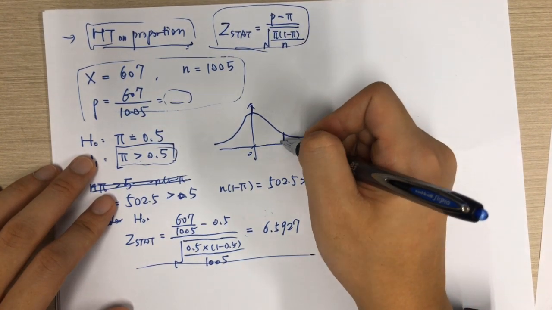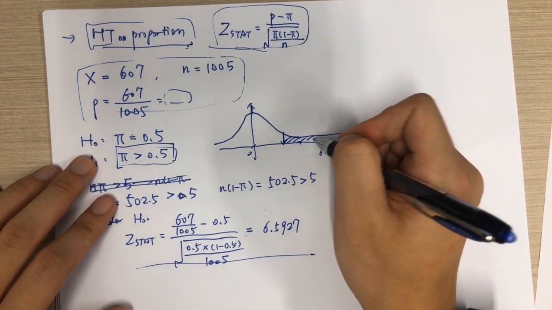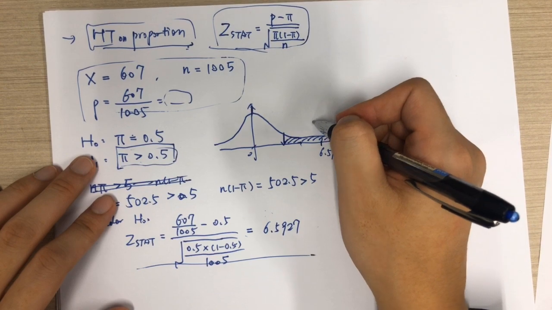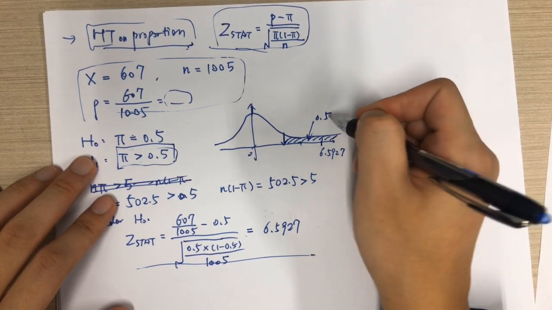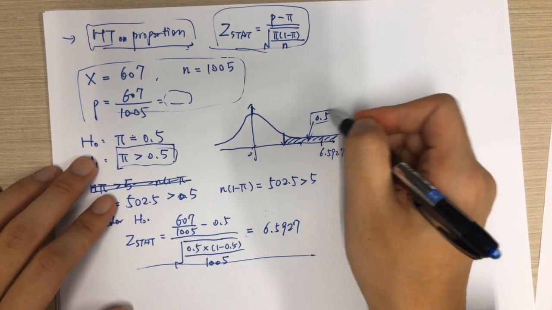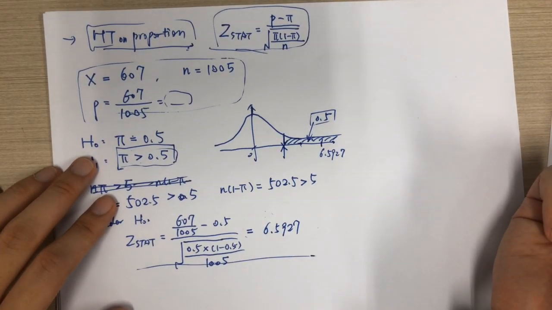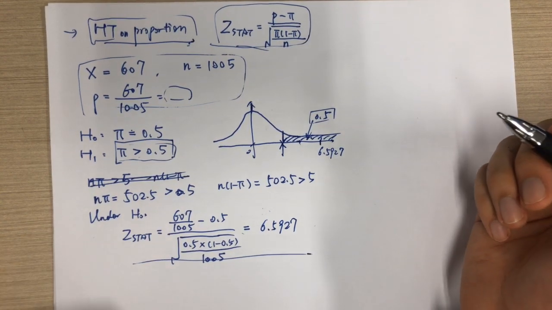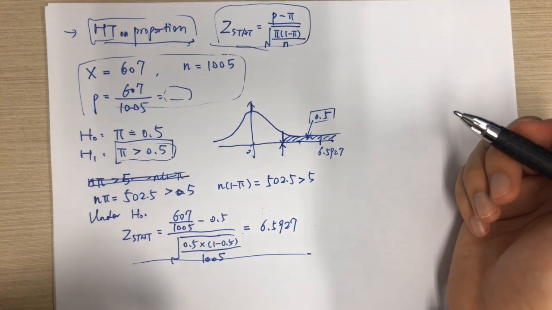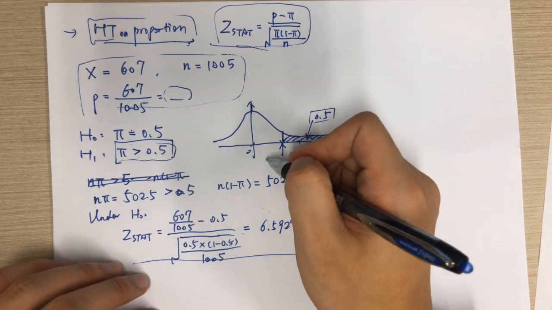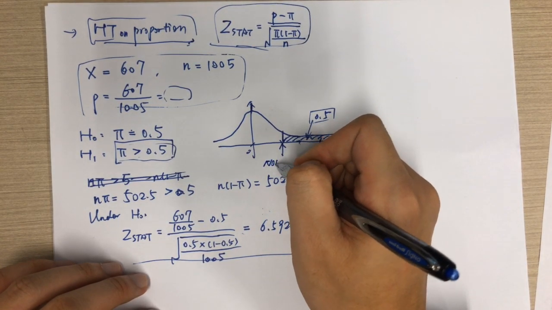So we need to find the critical value over here. So we need to highlight this area, make it to be 0.05, so the probability here is 0.05, and find this value. Again, you can find it using the statistical table, the z-table, or you can use NORM.S.INV, right?